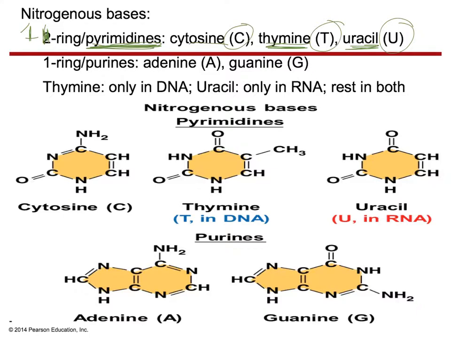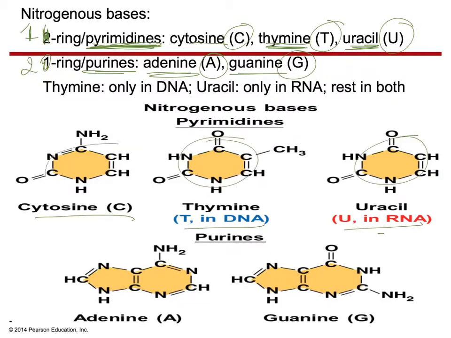One way to remember it: the purines have a two-ring structure. So adenine and guanine, abbreviated A and G, are larger molecules with this smaller word as their descriptor. We see that down here again. Cytosine and thymine and uracil, one-ring structure, and we're going to call them pyrimidines.